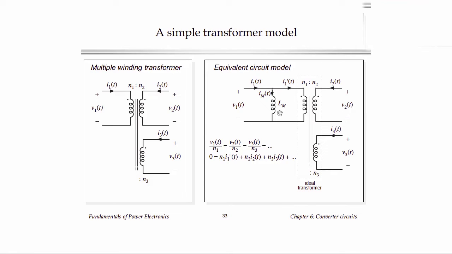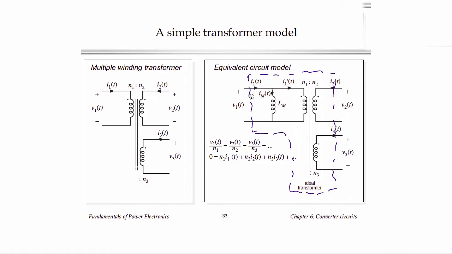And so the physical transformer on the left is replaced with this equivalent circuit model on the right, where everything inside my dashed lines here is internal to the model and is modeling things that are going on inside the transformer. So we replace our physical transformer with this equivalent circuit model, and this equivalent circuit model has elements that we can solve using standard circuit analysis.